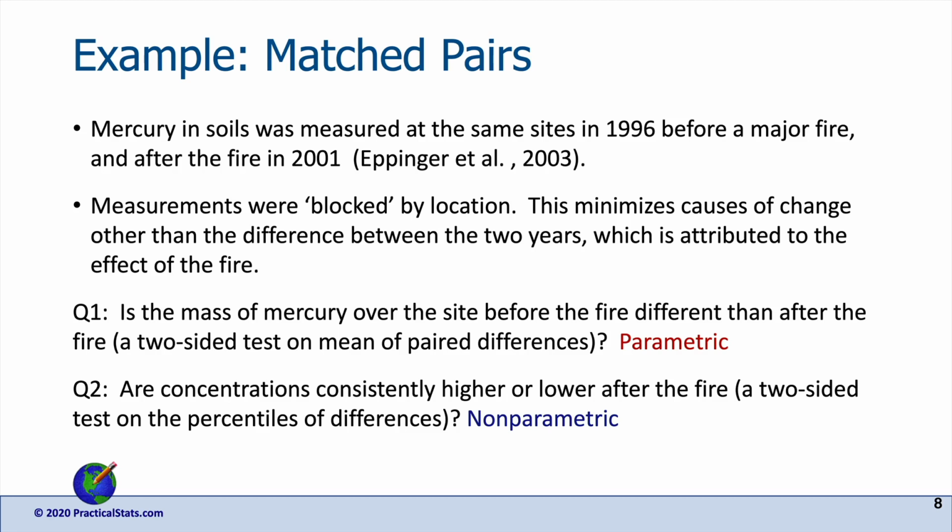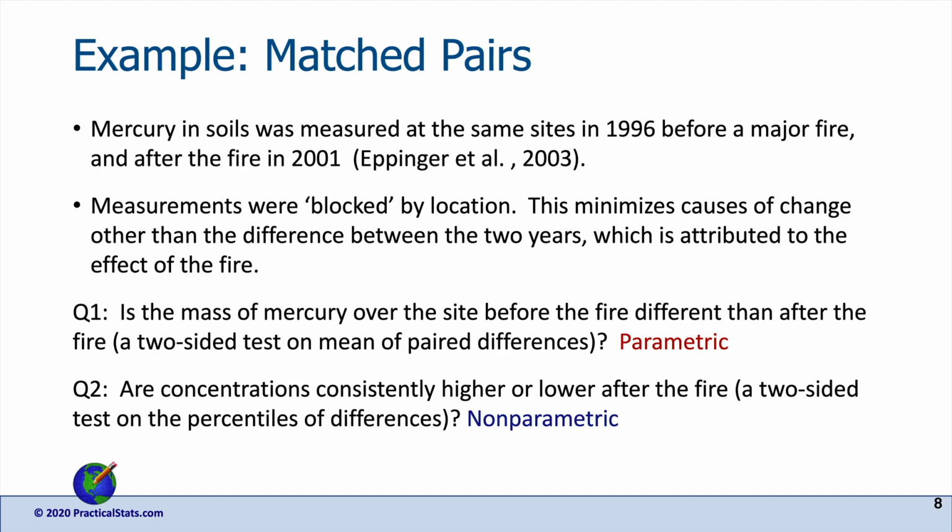If you sum them all up and divide by n, you get a per site measure of that total, which is the mean of the observations that you've collected. So by using a mean, you're really doing a test for differences in totals. And this is especially true because you have the same number of observations. These data are paired, so they have the same number of observations in 1996 as they did in 2001. So you really are testing for differences in the total.